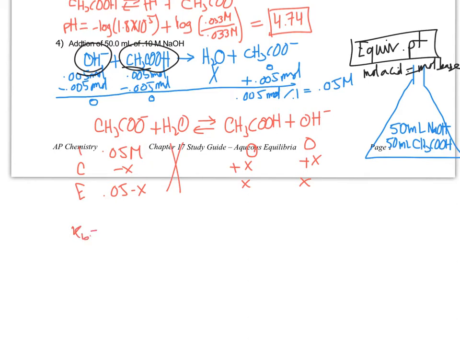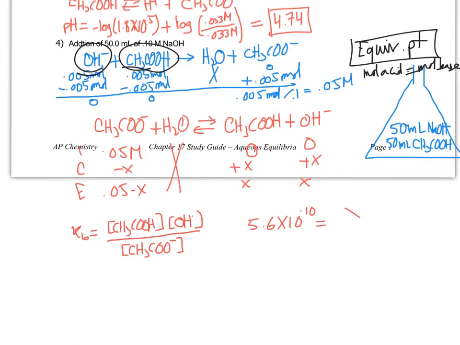My Kb is going to be the concentration of the acetic acid times the concentration of the OH minus over the concentration of the acetate ion. My Kb in this case, I believe, is 5.6 times 10 to the negative 10th. That is equal to x times x over 0.05 minus x.